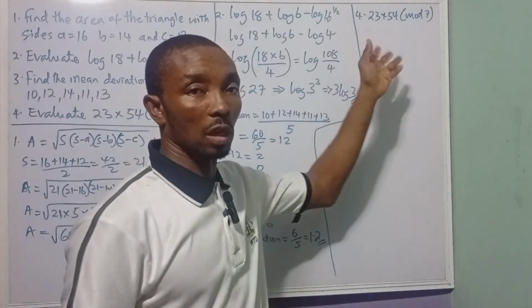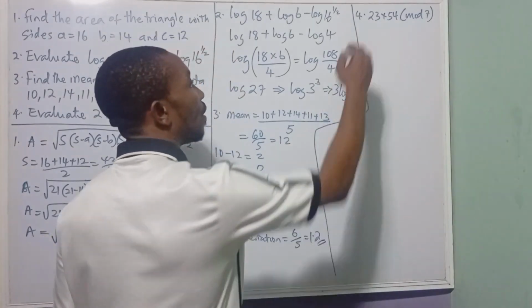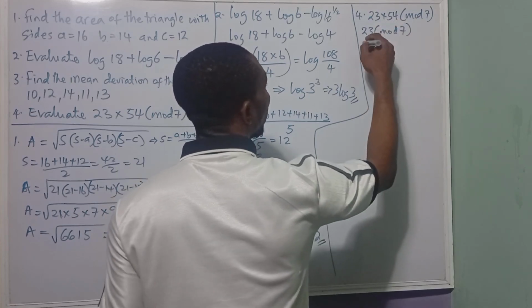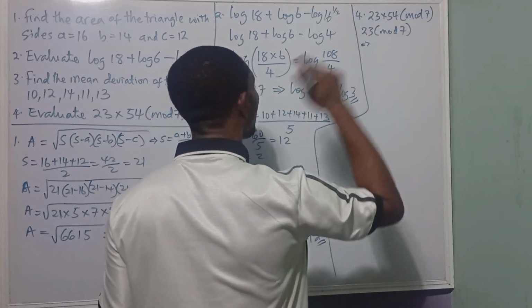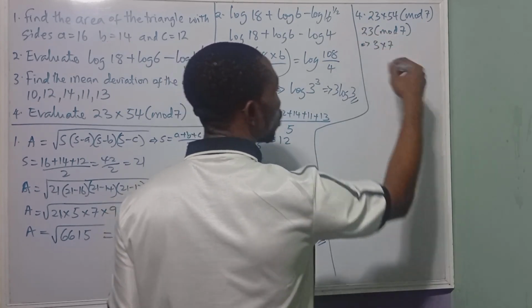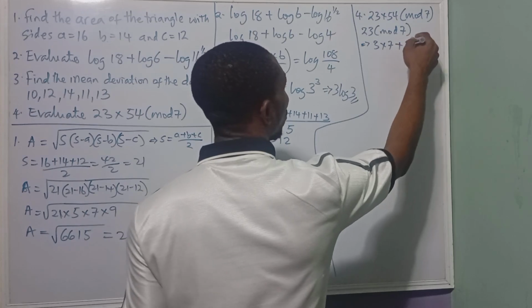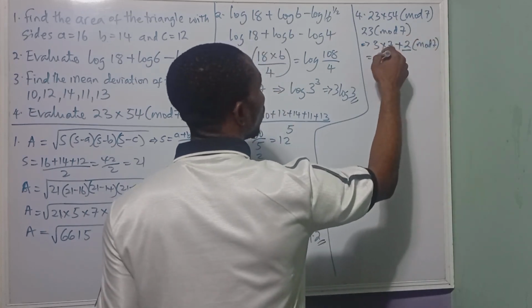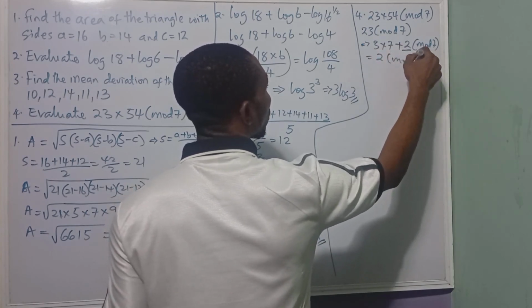For this, I will do it individually to ease my work. Now, 23 mod 7 will give me 3 times 7 is 21 plus 2. So my answer will be 2 mod 7.